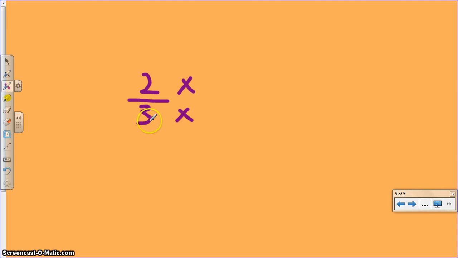So watch what I mean. Let's do 3 times 2. And 3 times 2 is 6. Now if I take 2 and multiply it by 2, I'll get the numerator of 4. So 4/6 is equal to 2/3.